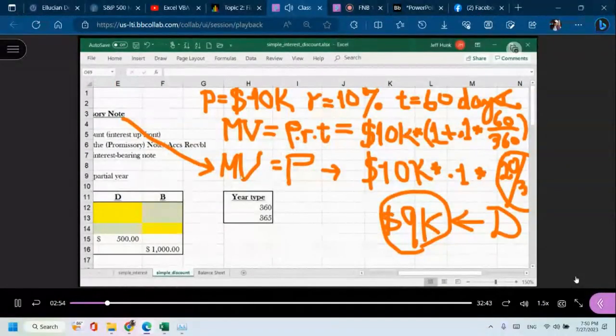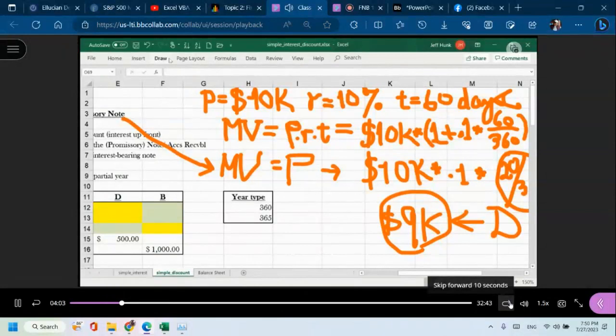Just like in our example last time, if it is non-interest bearing, this is wrong. In the case of a non-interest bearing note, I'm sorry, I was probably just too tired and didn't notice the arrow I made here. I'll skip that part. But in the case of interest, I am so sorry.